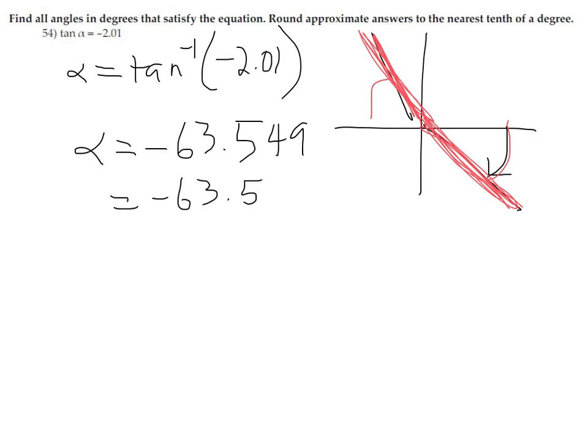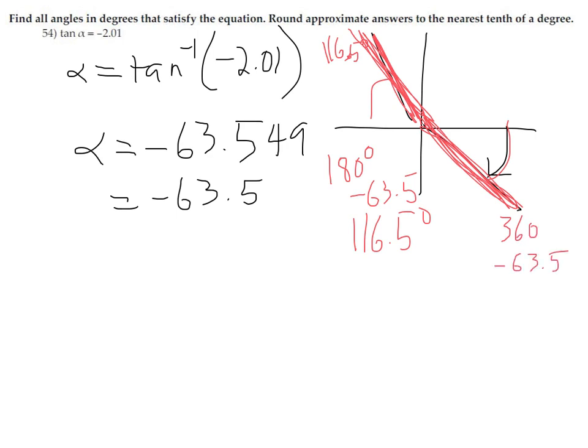So to get this value, if I do 180 minus 63.5, I get 116.5. That's this value. If I do this one, this would be 360 minus 63.5, and that's 296.5.